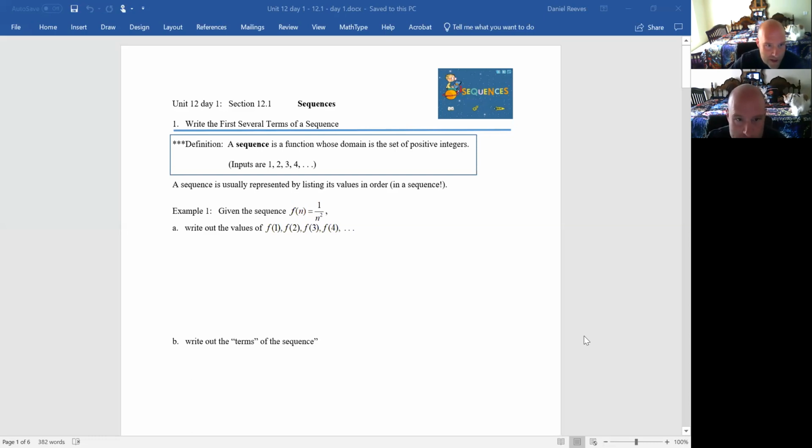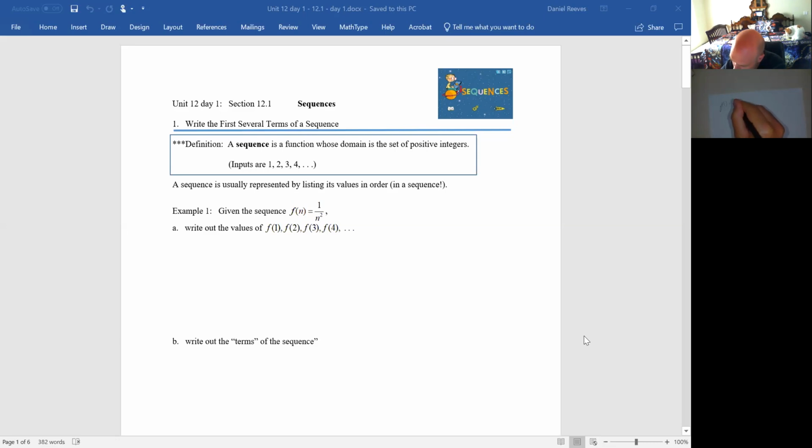So given the sequence f of n equals 1 over n squared, let's take a look at what those values are going to be. F of 1 is 1 over 1 squared, which of course is just 1. F of 2 is 1 over 2 squared, which is 1/4. F of 3 will be 1/9.